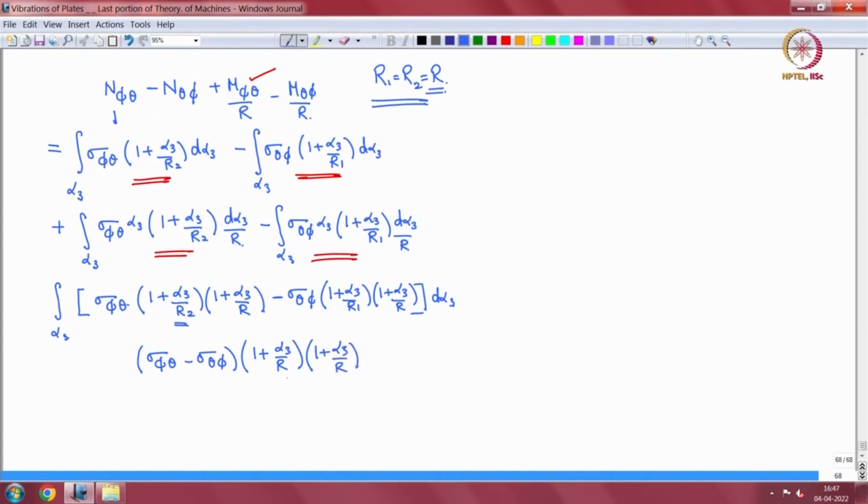In the general case you will get r1 and r2, but in this case both are r. So let me keep it that way. Now this is indeed equal to 0. Why? Because sigma phi theta is sigma theta phi.